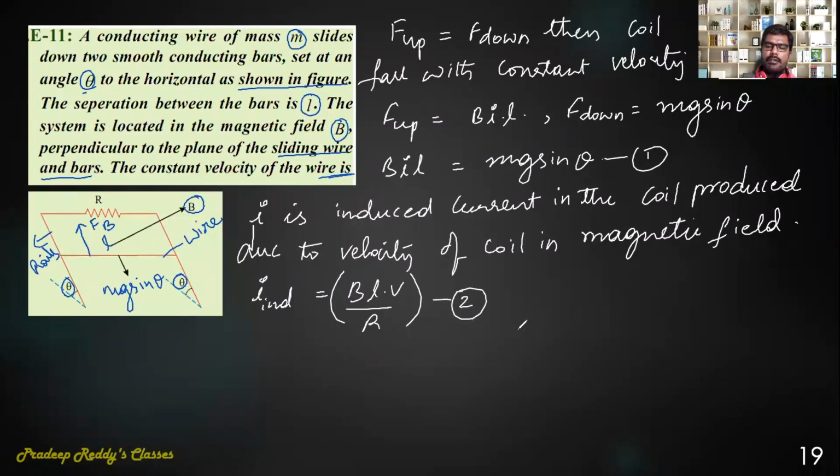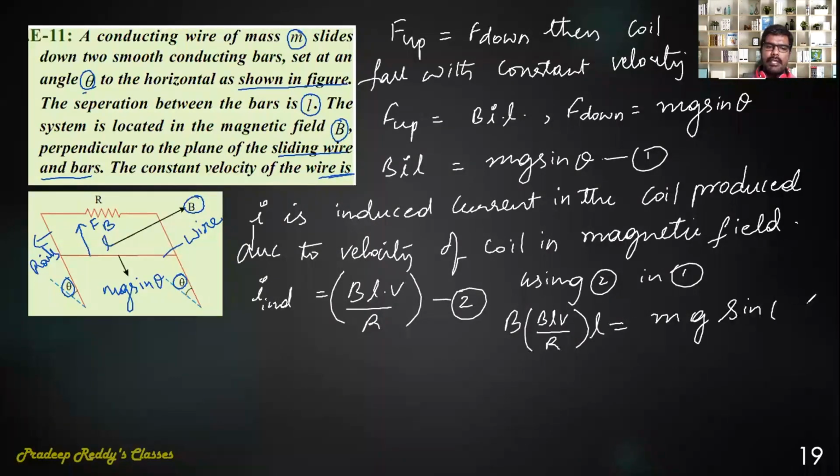Now take equation 2 and use it in equation 1. Using 2 in 1, I can write B into BLv divided by R into L is equal to mg into sin theta. From here you can write B square L square v divided by R is equal to mg sin theta.